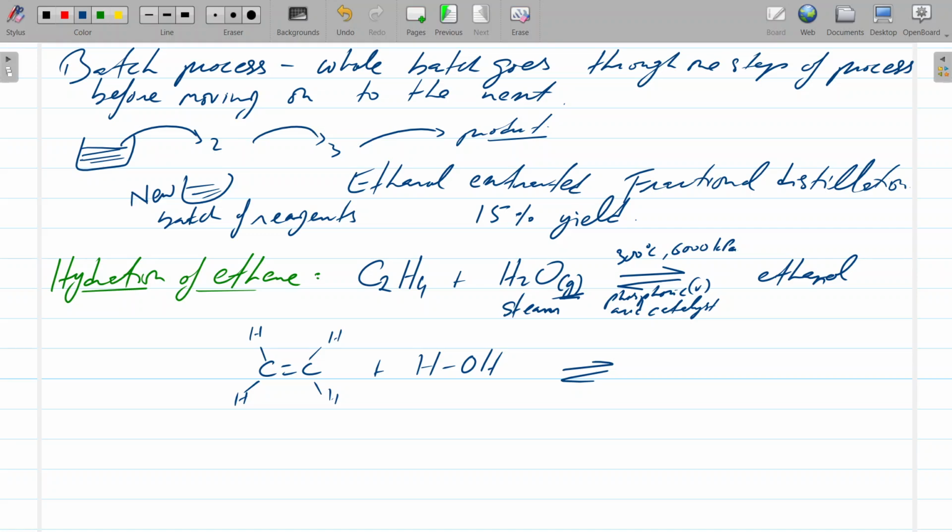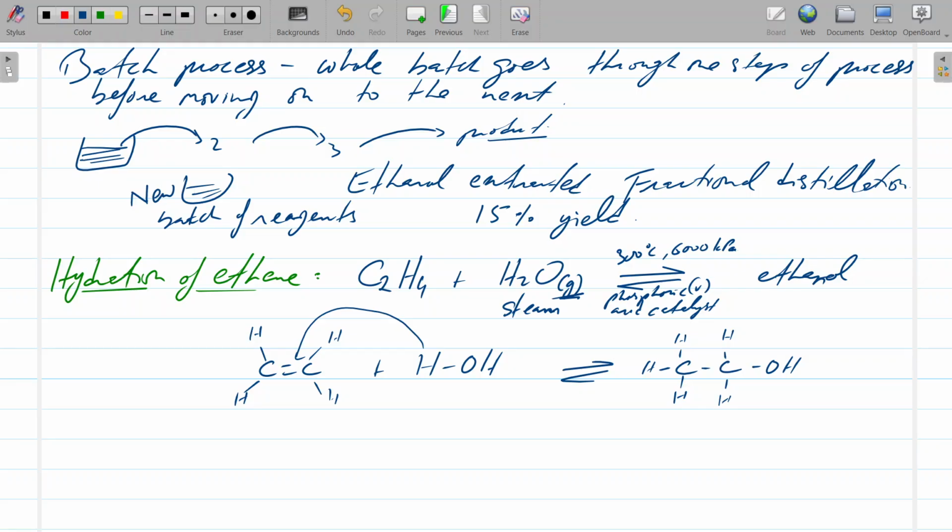It's a reversible reaction, and then you get your ethanol. Obviously it's adding across the double bond, so one of the hydrogens goes to one carbon and the OH to the other, and now you've got ethanol. Any questions? No.